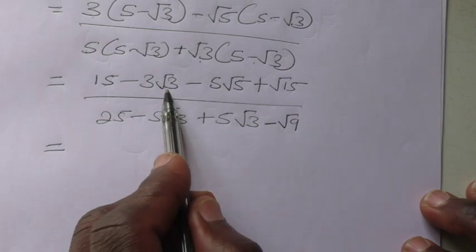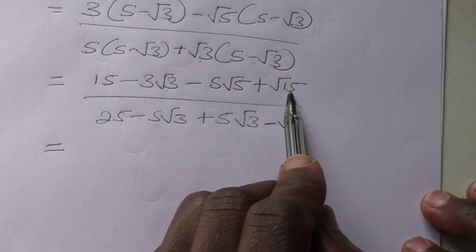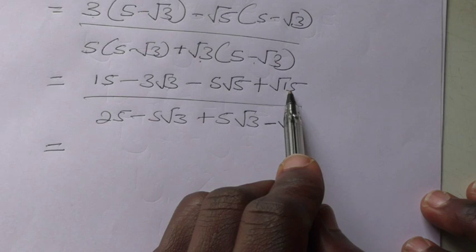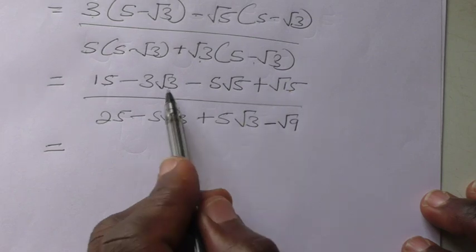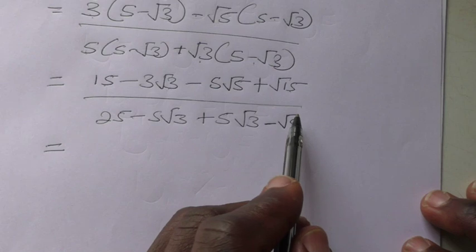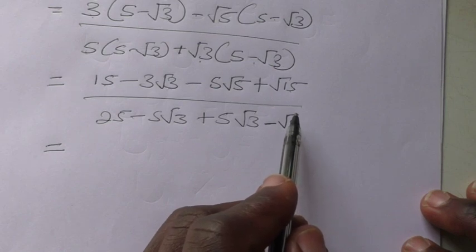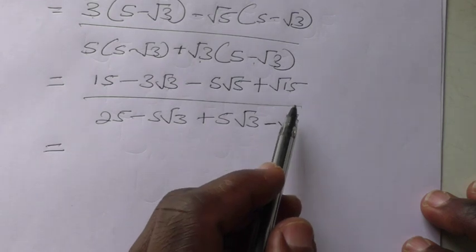Since the figures under the roots are not the same, we cannot add or subtract, because the law of addition or subtraction in surds says that we only add or subtract surds if the figures under the roots are the same. So since they are not the same, we cannot subtract or add. So that one will remain as it is.